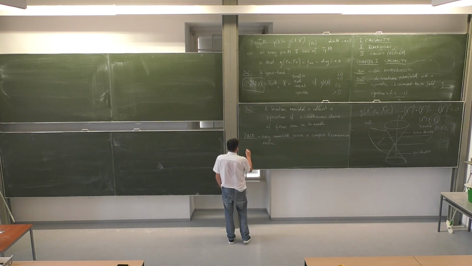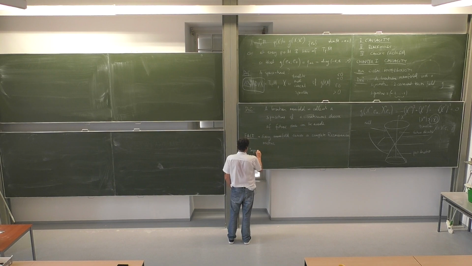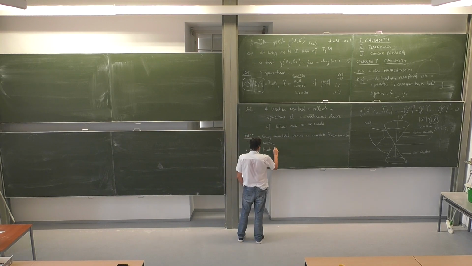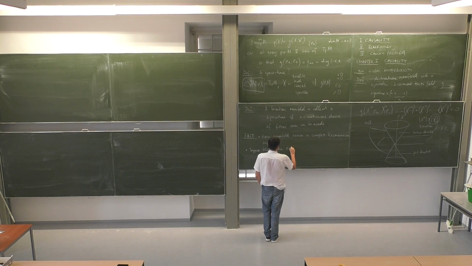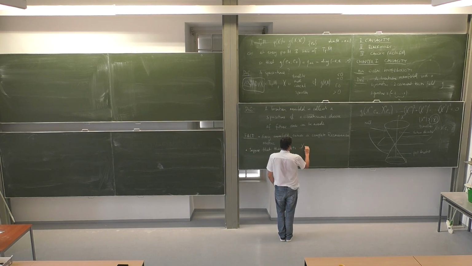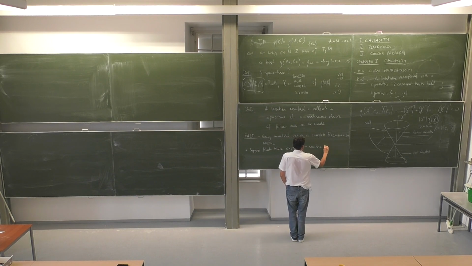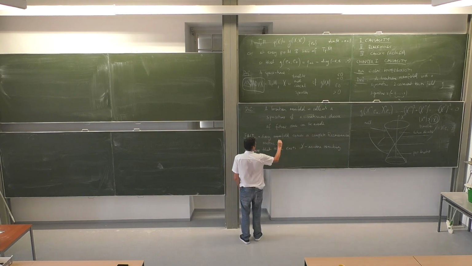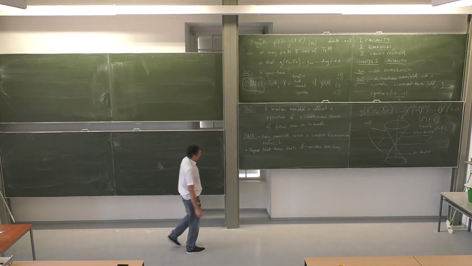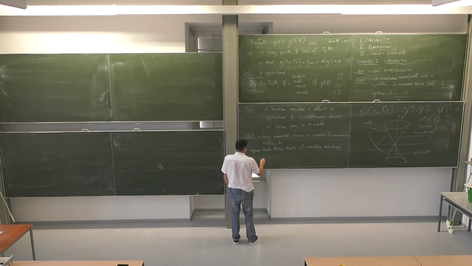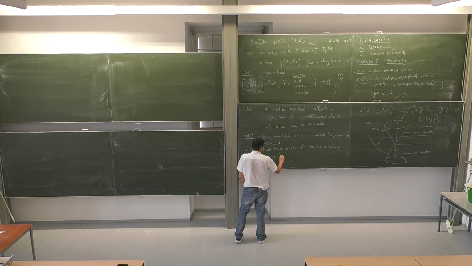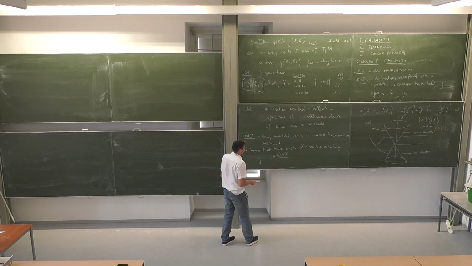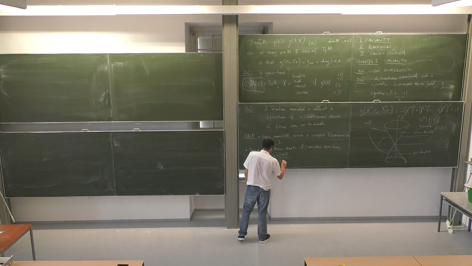Well, suppose that there exists a vector X which is nowhere vanishing. Call this metric H. Then you write G is going to be H minus 2 X tensor product with X divided by the length of X in H.